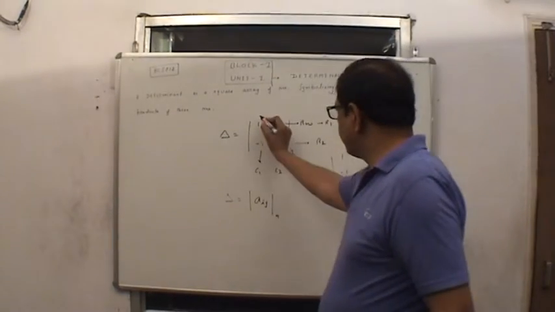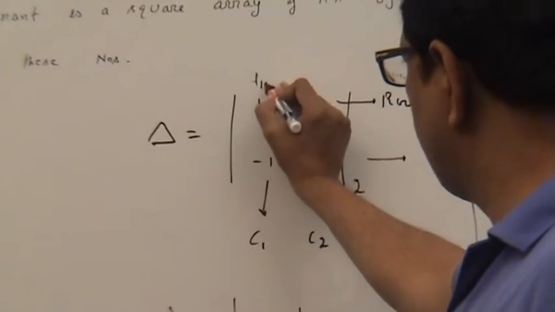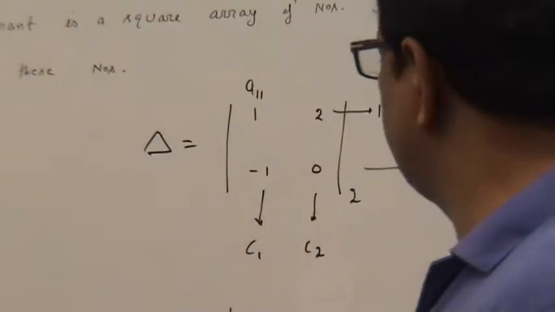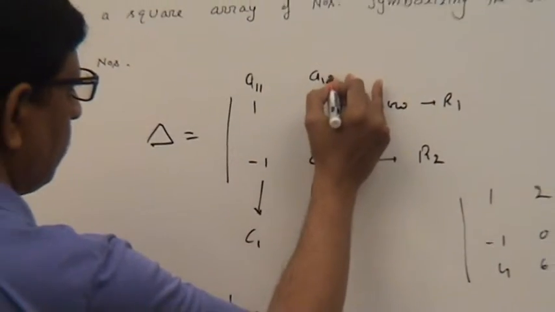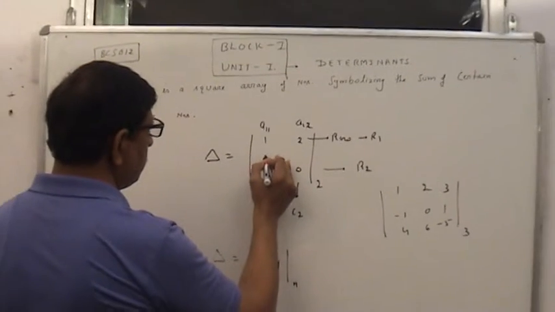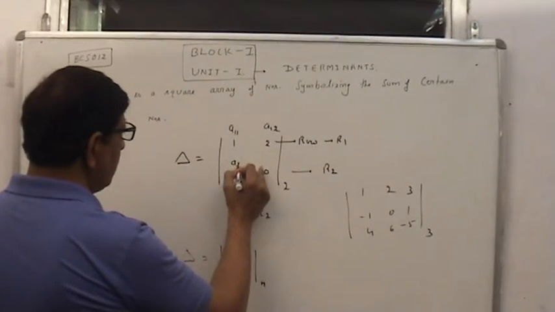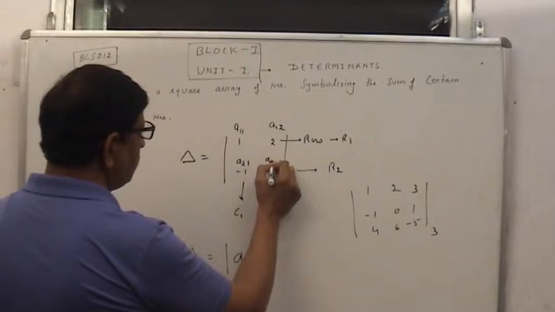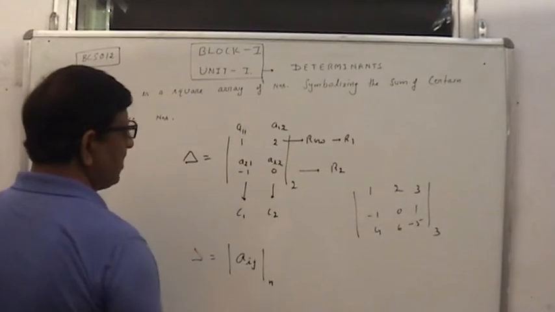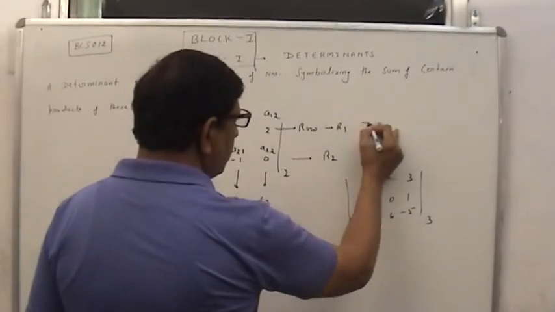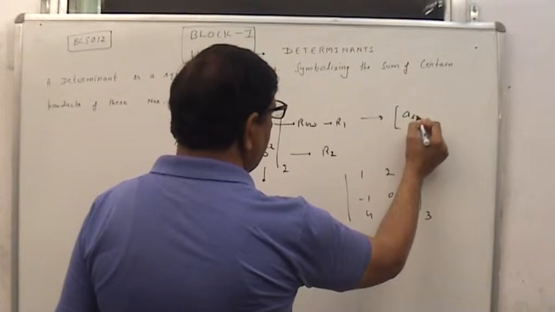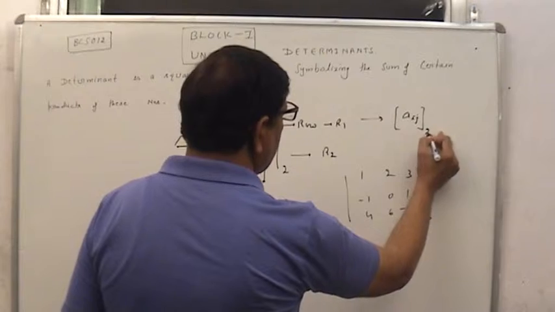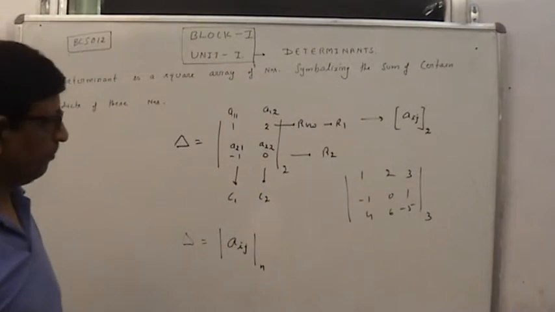This element we can write as a11, the member of the first row, first column; then first row, second column; second row, first column; second row, second column. So here it is a ij with order 2.